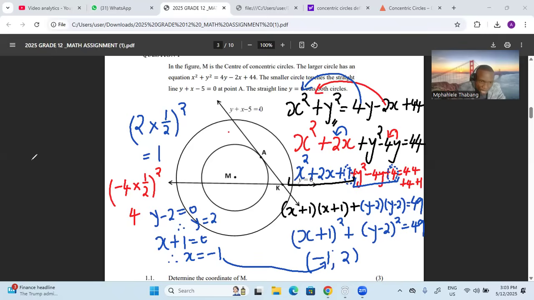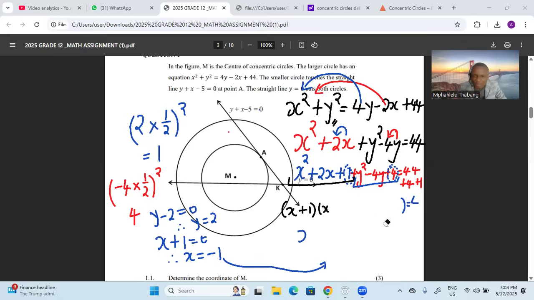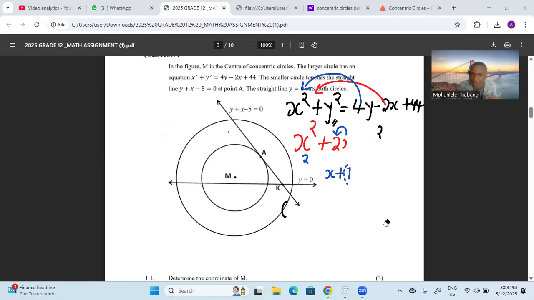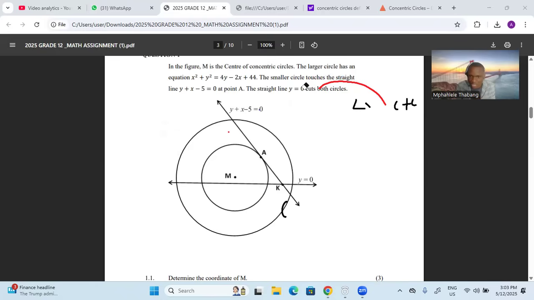So how many marks was this? It was 3 marks. Yes, I took a bit of a long route because I wanted to explain each and every detail. When you are learning, it's very important to explore all necessary details. We should not embrace shortcuts.